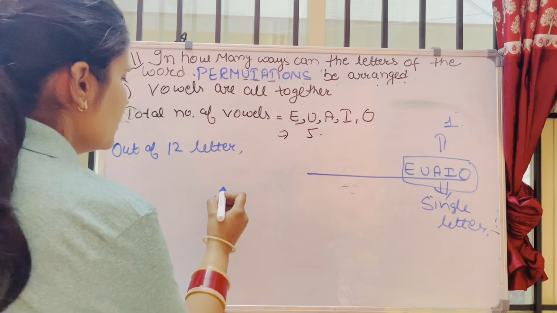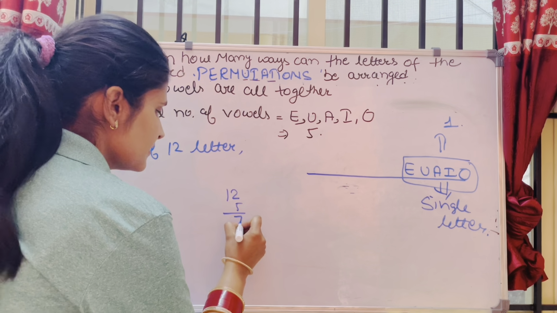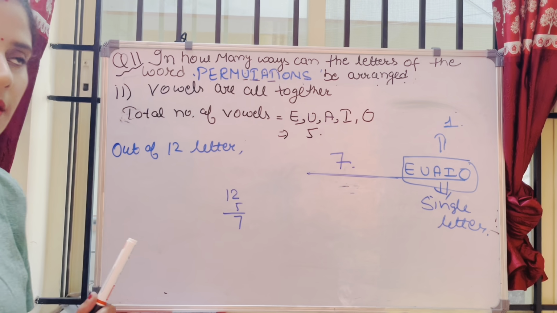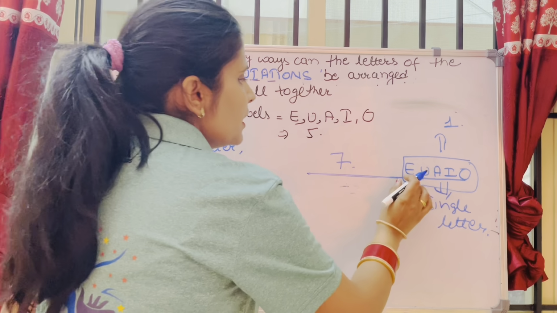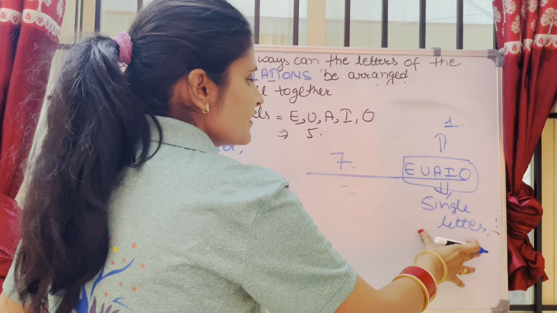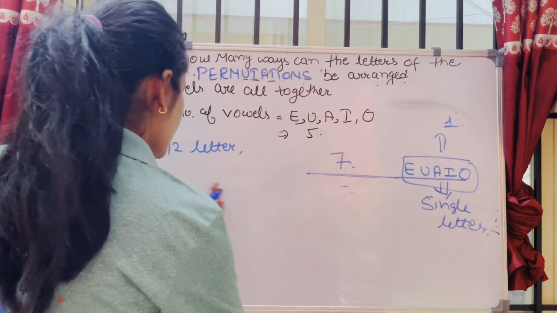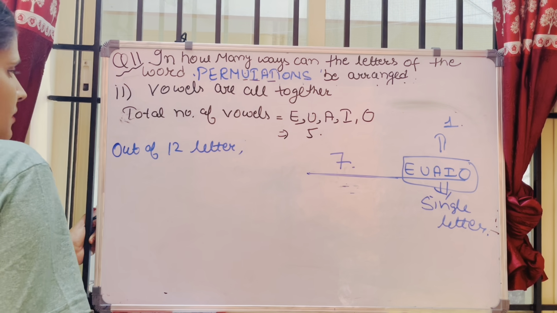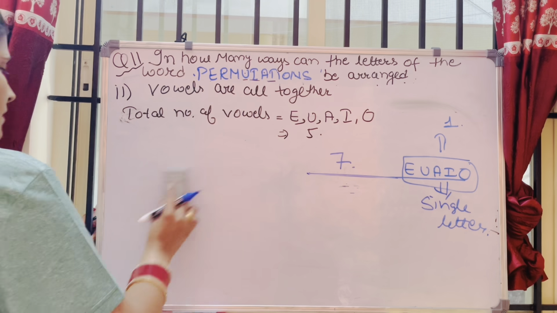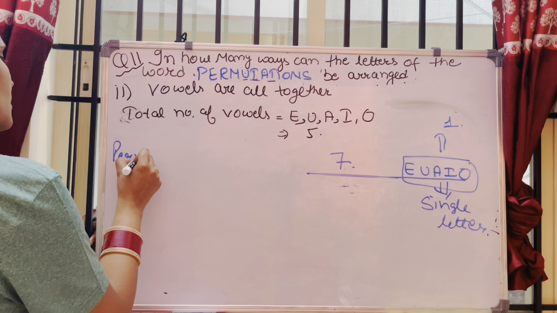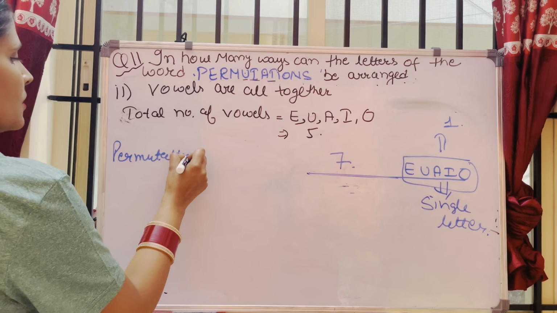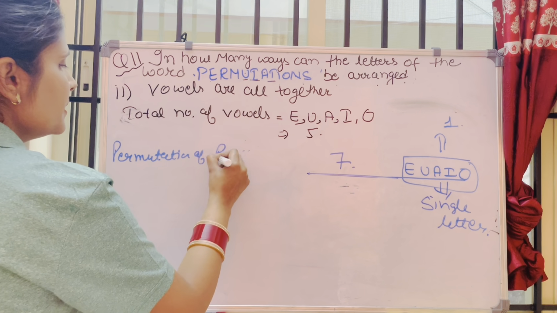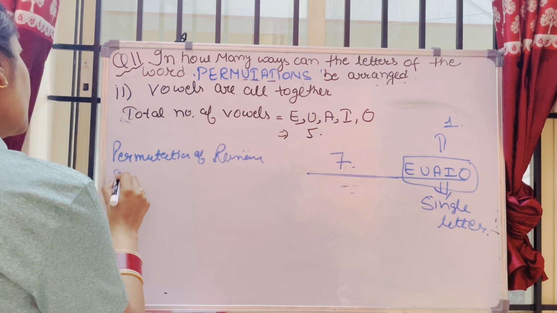So 12 minus 5, 7. So here 7 letters will be filled, and vowels we treat like a single letter. So 7 plus 1, 8 letters. So now we have to arrange the 8 letters. So permutation of the remaining 8 letters.